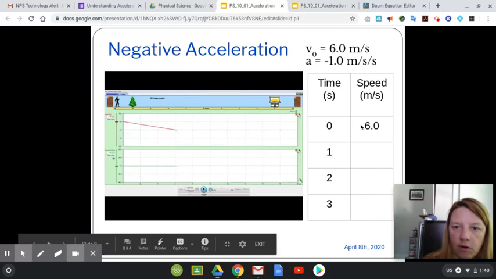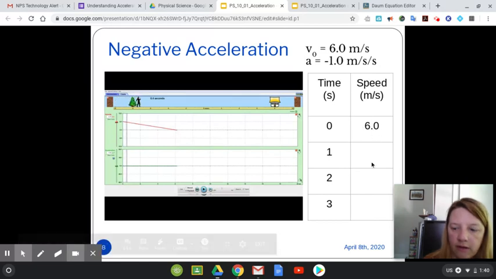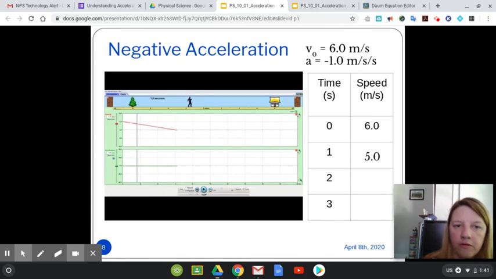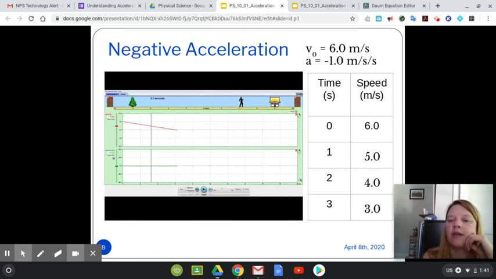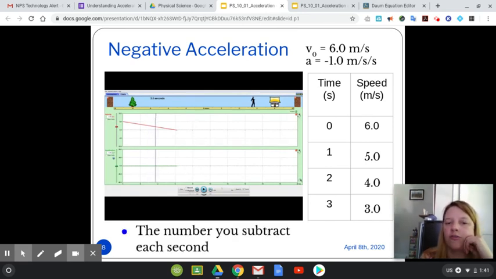At 0, I start at 6 meters per second, and then after 1 second, I've dropped down to 5. And then after 1 more second, the velocity has dropped down to 4. And then at 3 seconds, it's dropped down to 3. So that negative acceleration is just the number that you subtract from your velocity each second.